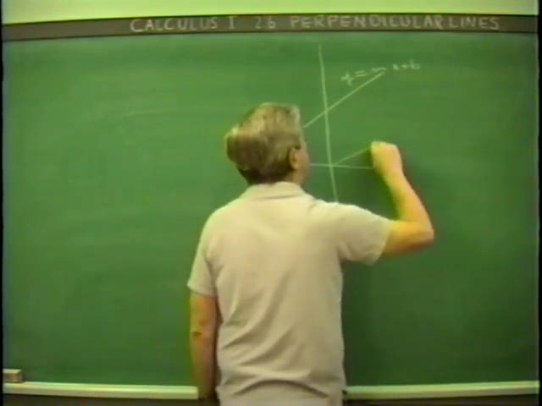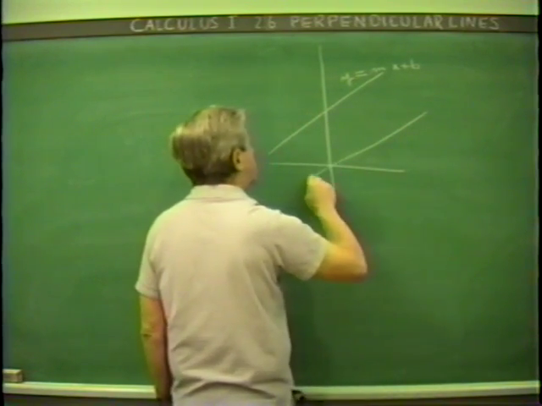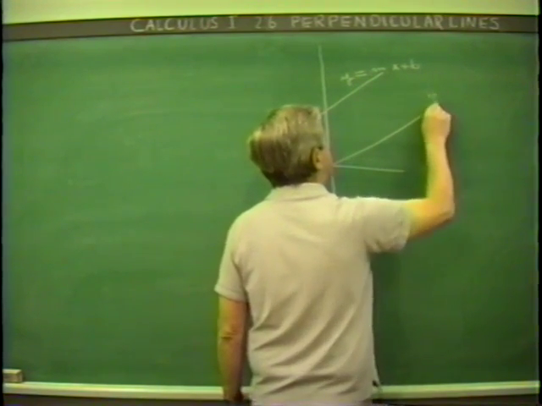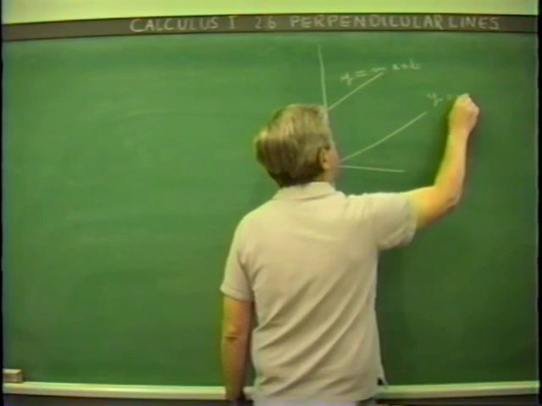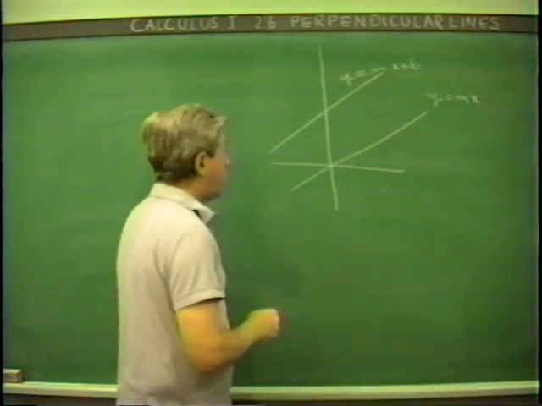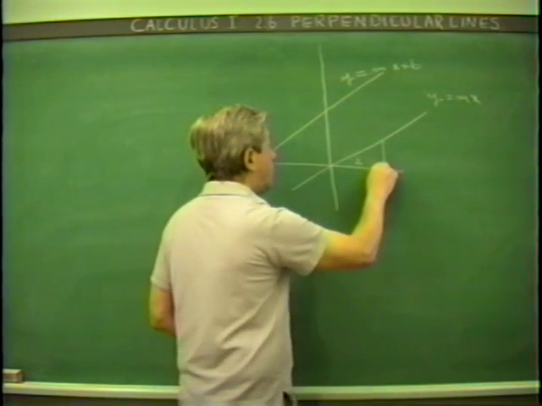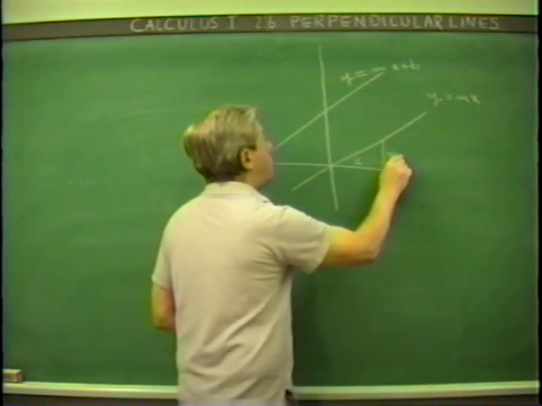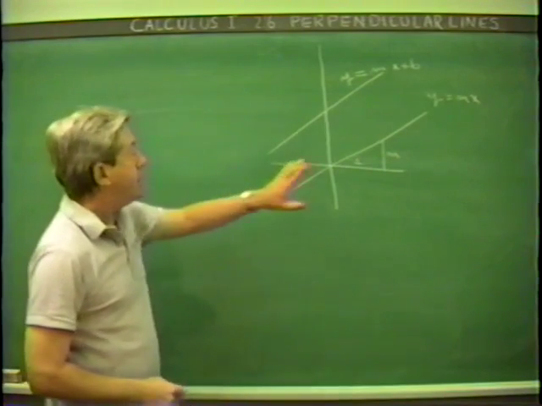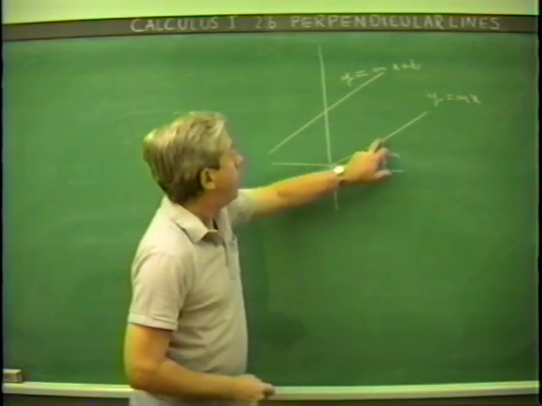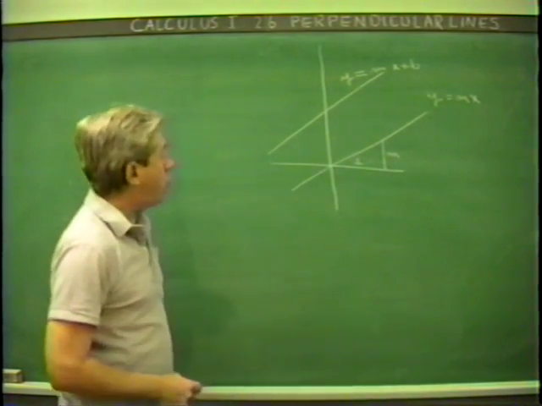We can then consider a parallel line to this one that goes through the origin. It has equation y equals mx. And if we go over one unit here like so, the quantity m is the rise, the third side of this triangle.